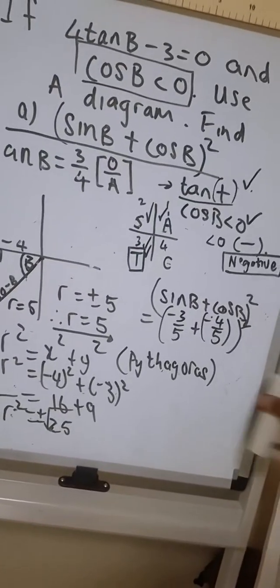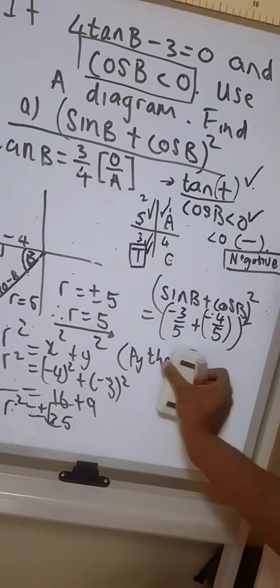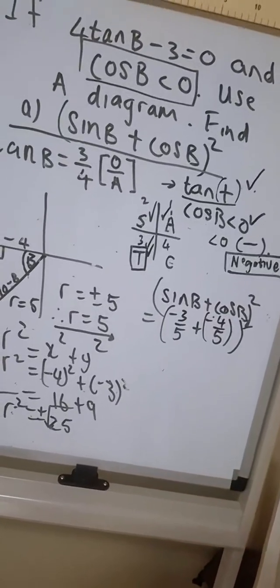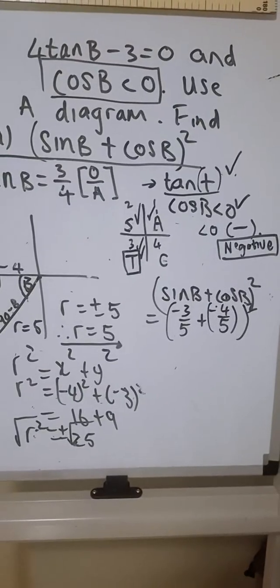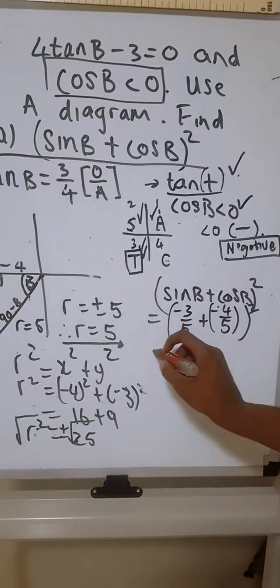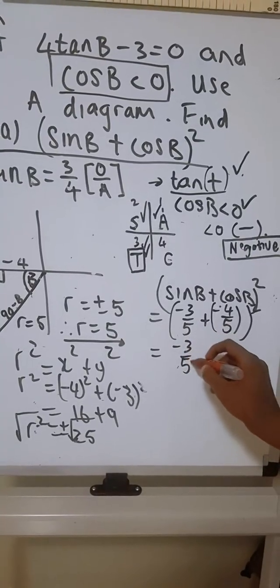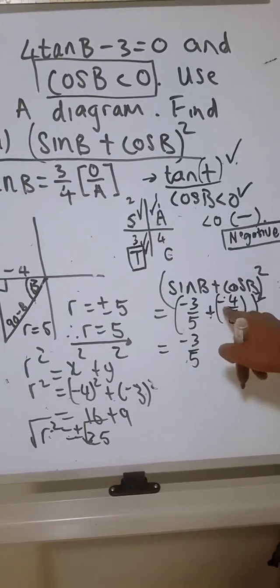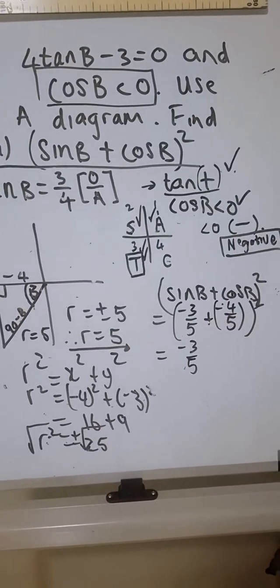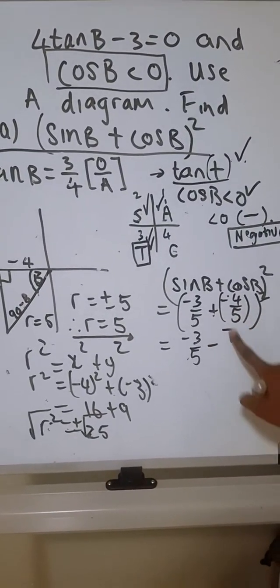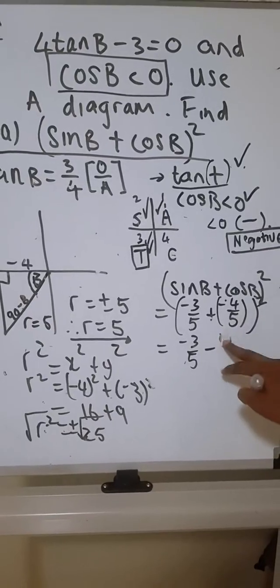Hope you guys got that whole Pythagoras reason, of course. So we simply say (-3/5 plus -4/5), squared. A positive times a negative, what does it give me?